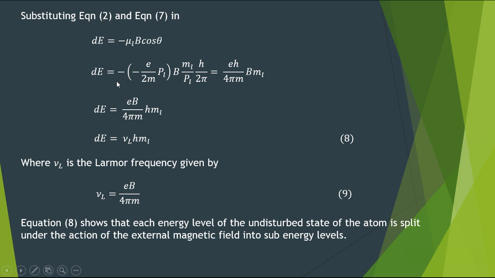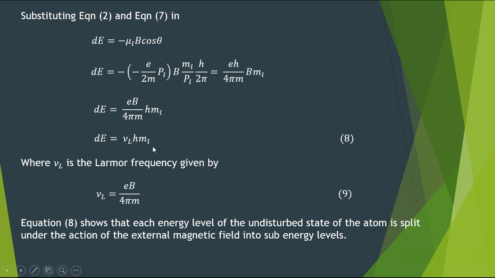So dE becomes equal to minus of minus e by 2m PL into B ML by PL into h by 2 pi. On rearranging this, we have dE is equal to eB by 4 pi m h into ML, which can be written as nu L h ML.